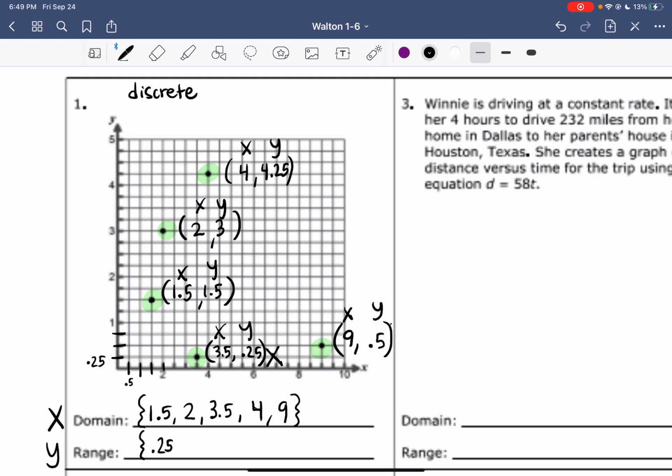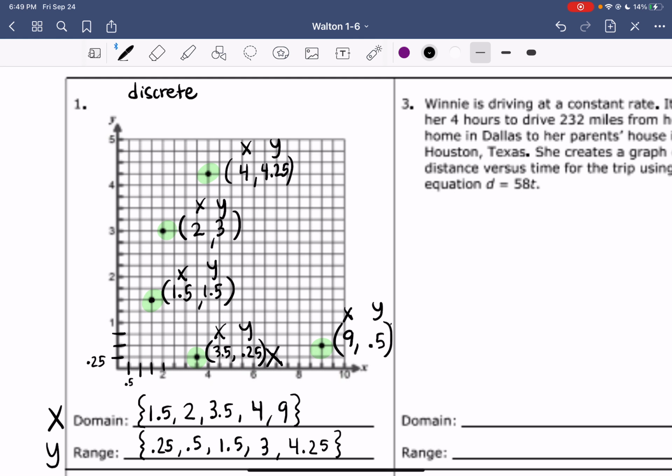We have 0.25, and then we're going up to 0.5, then up to 1.5, and then 3, and our highest y value up here is 4.25. So these values are the domain and range values for this graph.